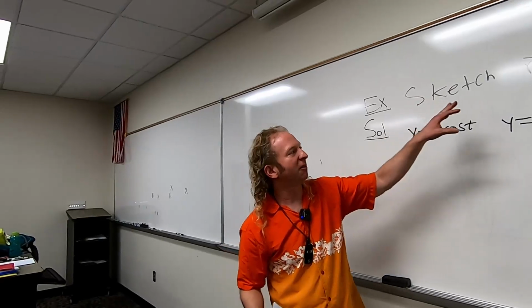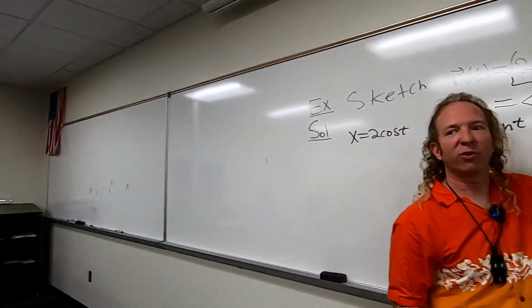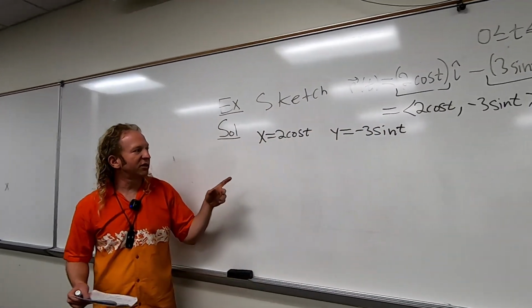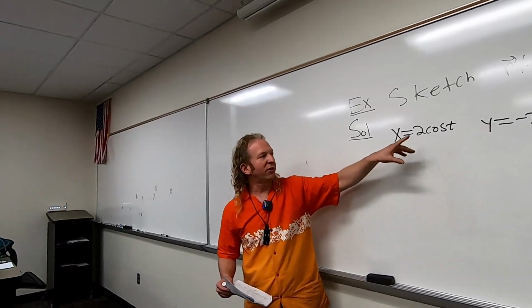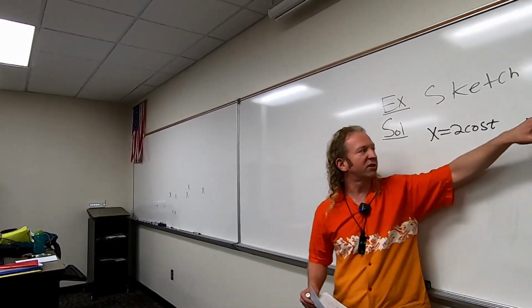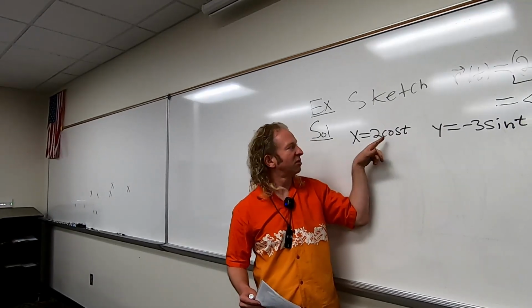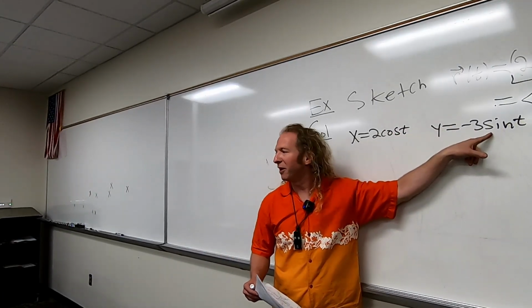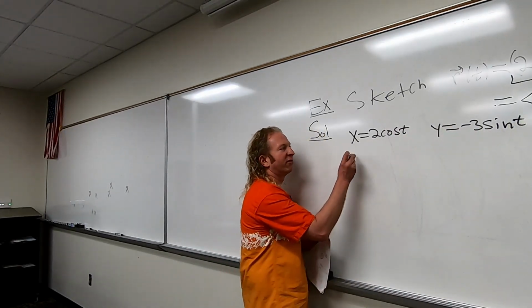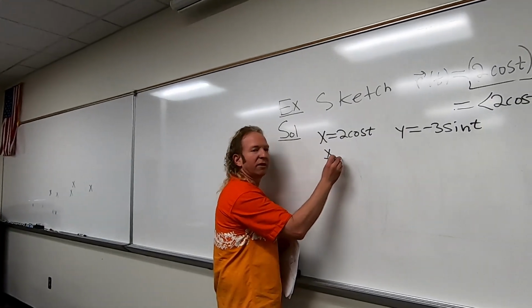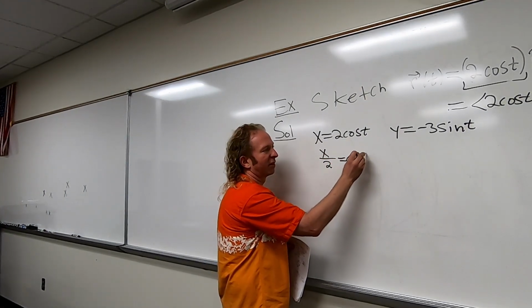Right, so you take your vector valued function, you call this x, you call this y. And then the trick is to use some trig identities. So whenever you have trig functions and you're trying to convert this to a rectangular equation, solve for the trig functions. So divide by 2 here and divide by negative 3 here. So we would have x over 2 is cosine t.